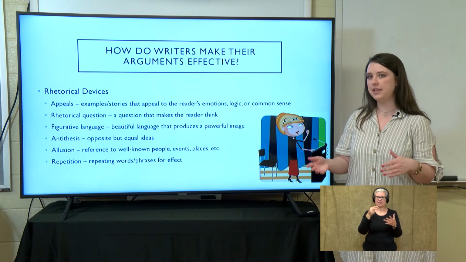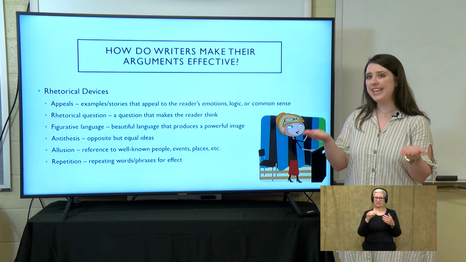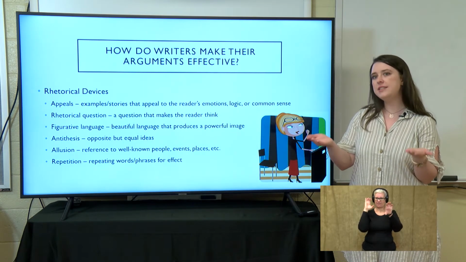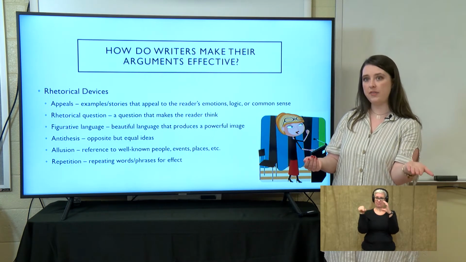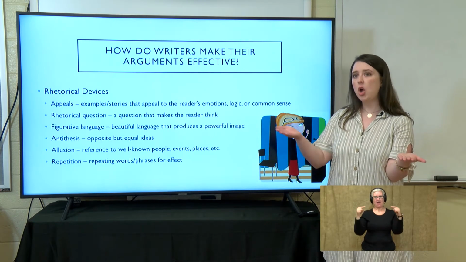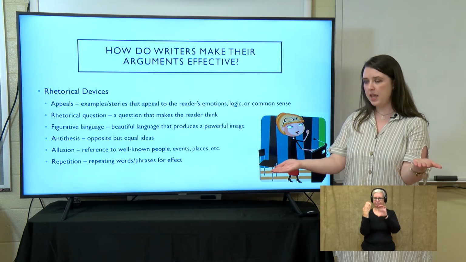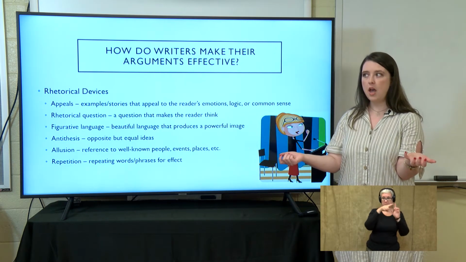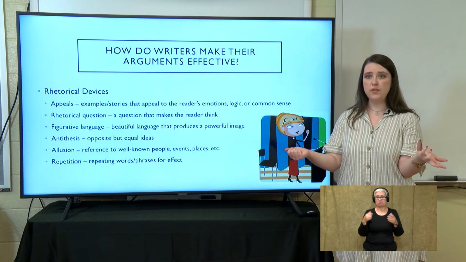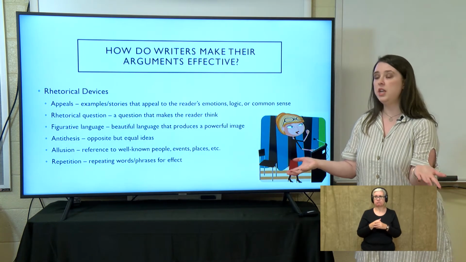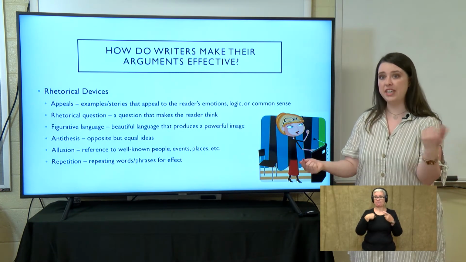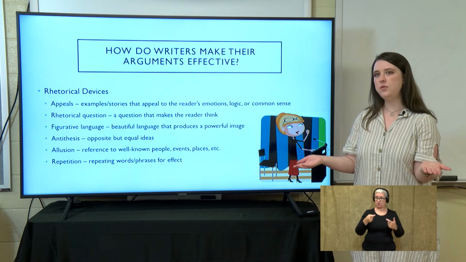The next one is, and you may be unfamiliar with this one, antithesis. Antithesis is basically opposite but equal ideas. Think of it as a seesaw. On one hand, you'll have a positive, usually. On the other hand, you'll have a negative. And you've heard these before. In fact, if you've ever heard that famous expression, give me liberty or give me death, Patrick Henry said that.